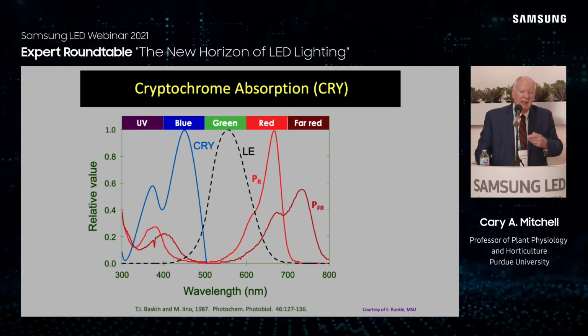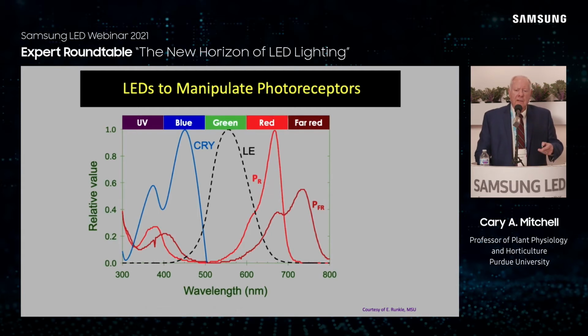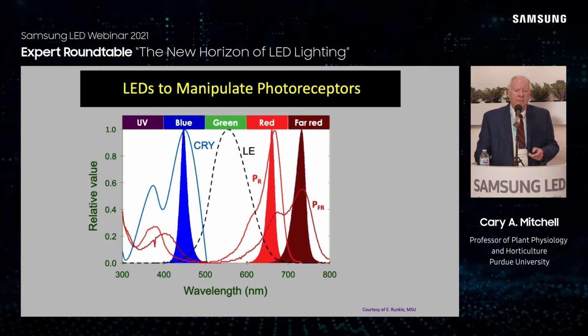So you can see it's not all that important. All right, and then, I put in a few discrete red, far red, and blue LEDs to show how you can focus on peaks of those and to specifically control plant development, especially if those channels are individually dimmable.